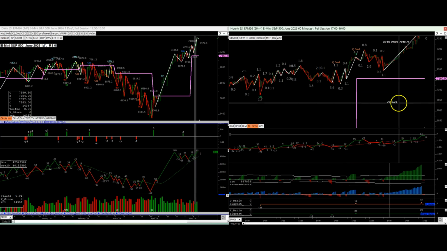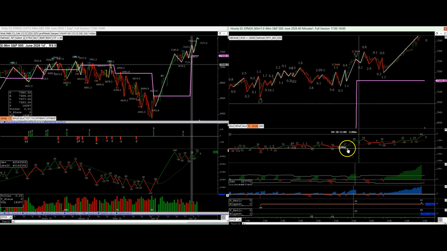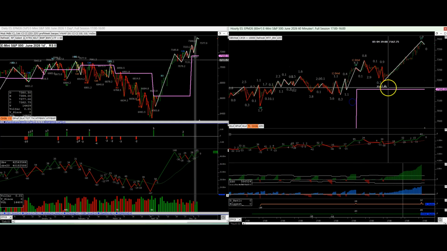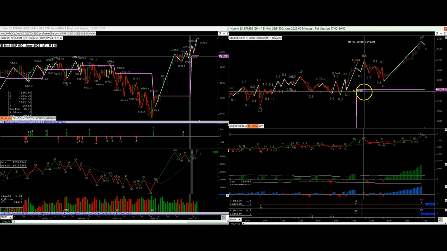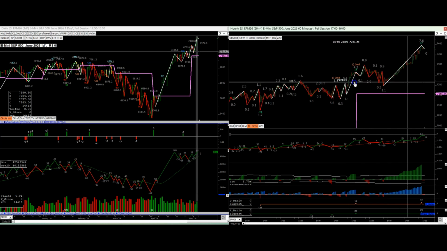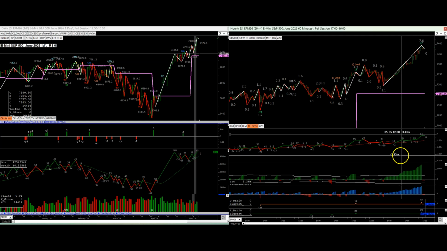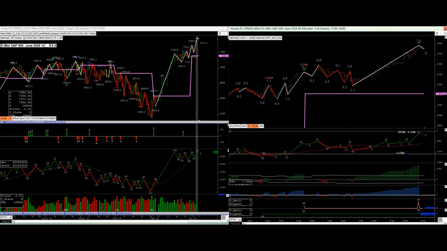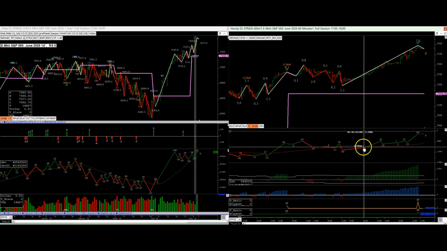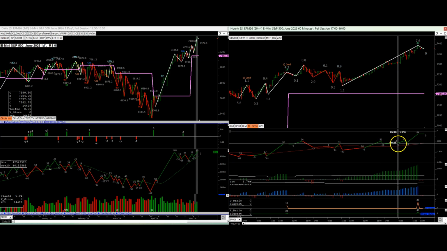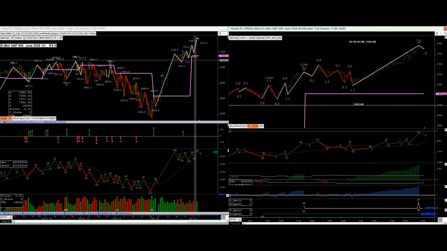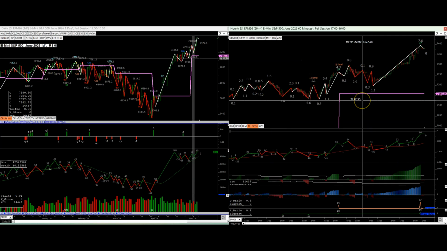Here, even though the price low is taken out, volume low isn't taken out. Diverging. So it becomes a pretty good indicator. All right, I'm done with this.